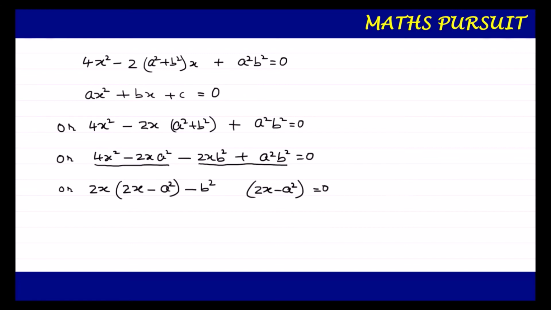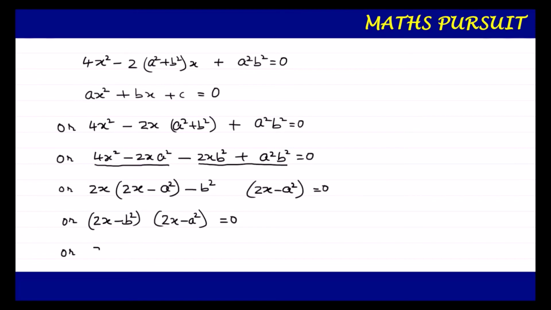So I can now write, if you could see, that we got 2 parts: 2x − b² is one, and we can take the common 2x − a² from this, equal to 0. Or I can write, now we got two parts of x.